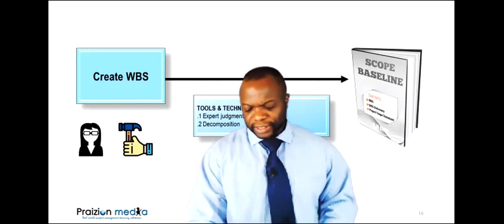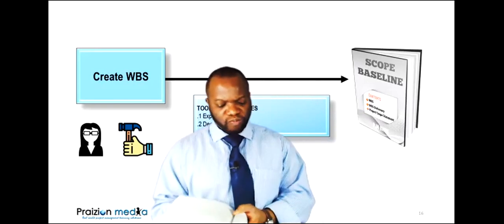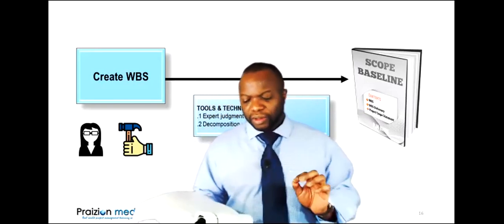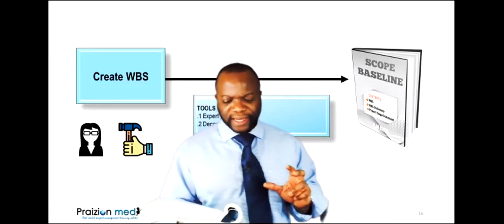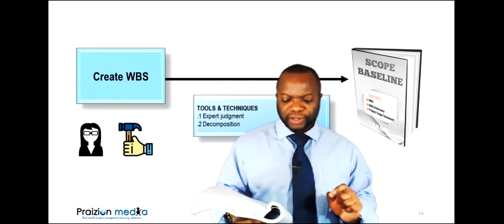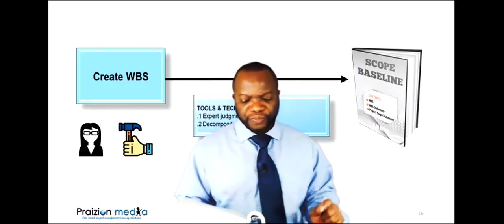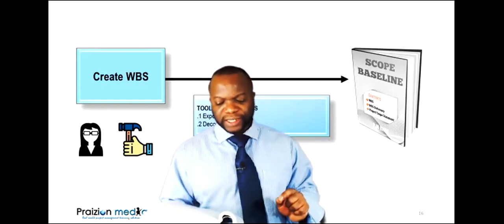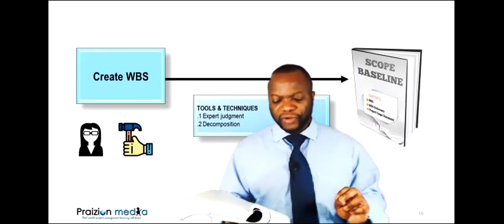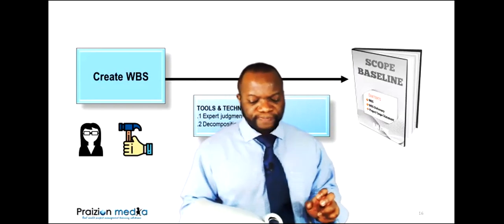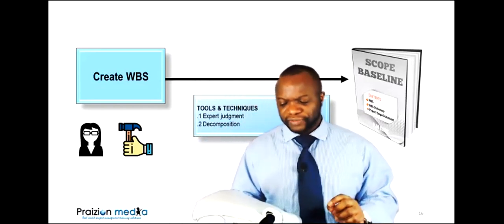scope baseline, let's go to page 161. Under scope baseline, it says the scope baseline is the approved version of a scope statement, WBS, and its associated dictionary, which can be changed only through formal change control procedures, and is used as a basis for comparison.